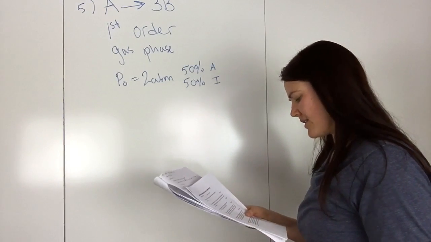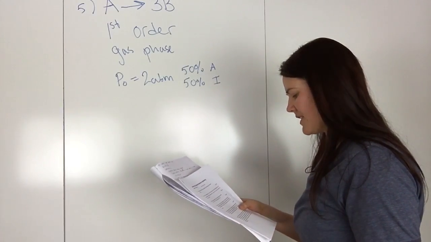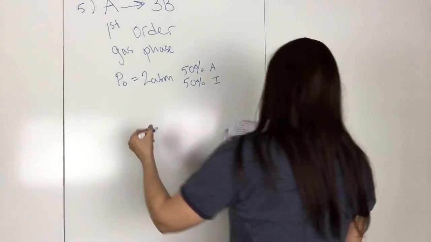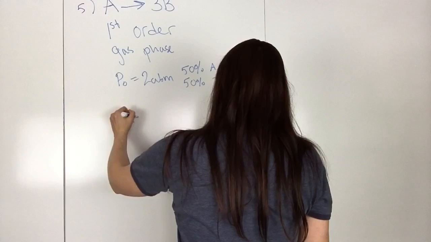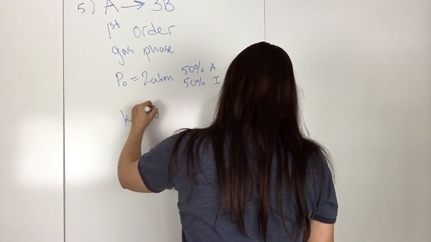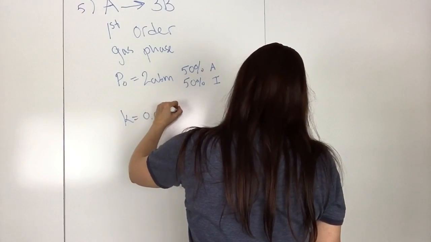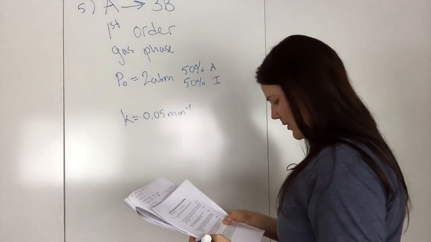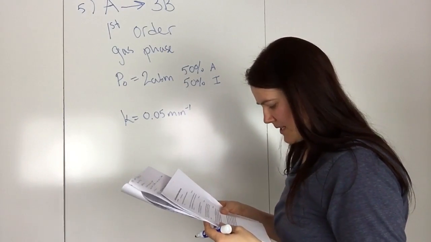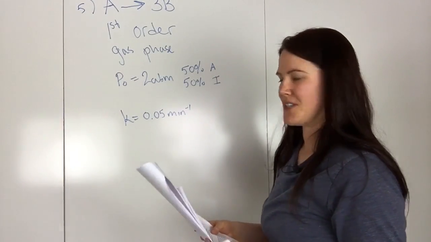It says if the rate constant for the reaction is 0.05 per minute, how much time would be needed to reach a pressure of 3 atmospheres in the reactor?